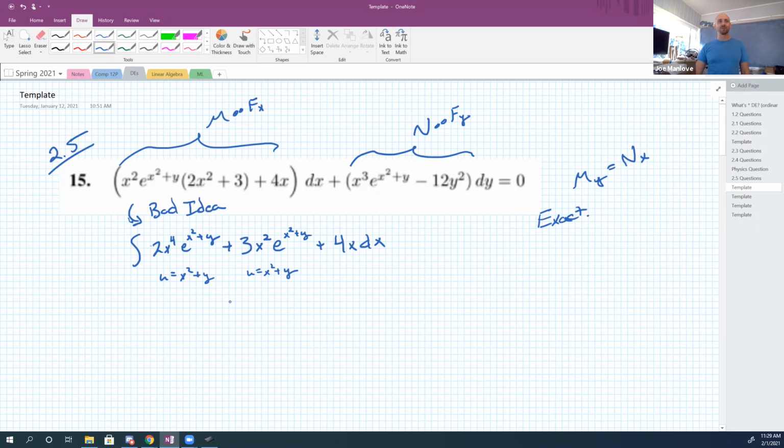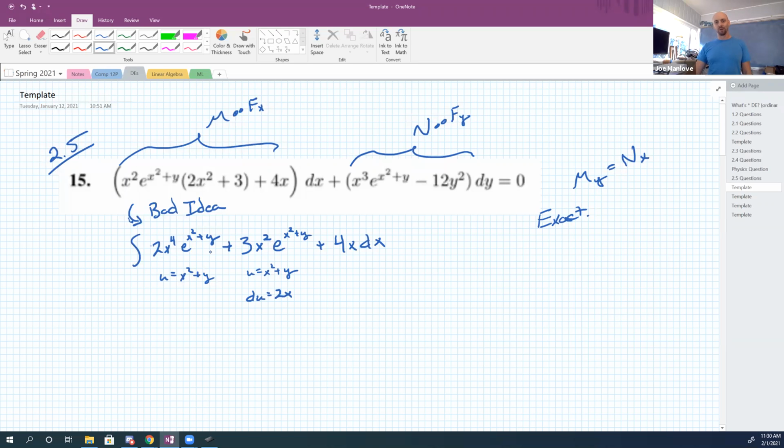This is not impossible. If you thought about doing these u substitutions, you'd notice pretty quickly that your du is 2x, right? And that's fine. I've got an x, I just don't have a 2x. Well, okay, I don't have the 2. Big deal. But I have this extra x in here that's kicking around, making me feel weird about everything. And over here, it's even worse.